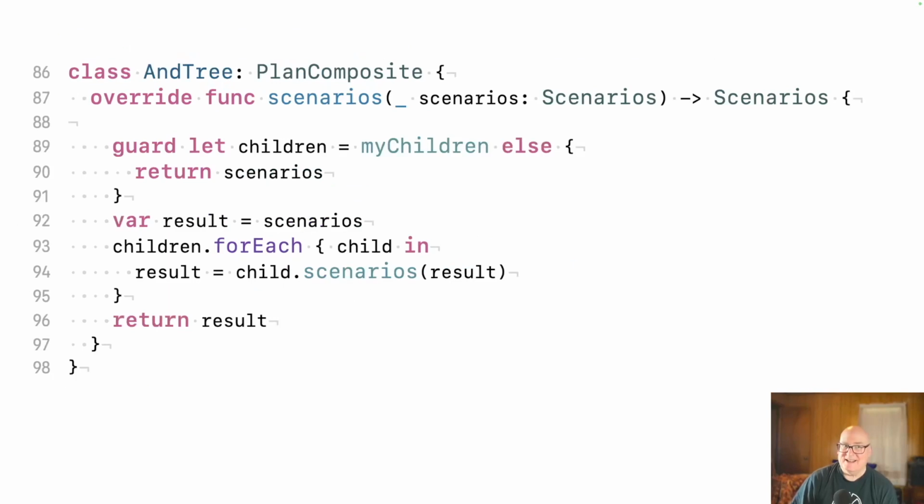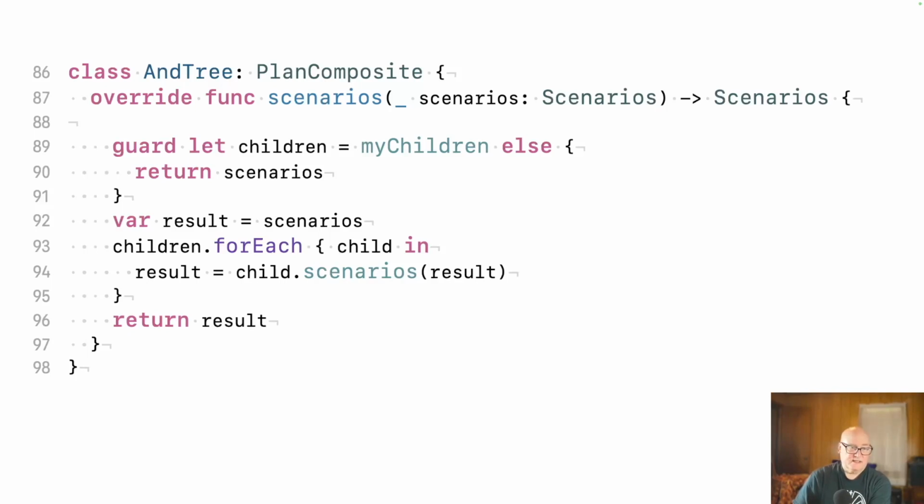Now the trickier one, although the code's actually a little simpler. In this case, we've got the AND tree, and we're looking at the scenarios again. Scenarios in, scenarios out, and if there are no children, just return what you got. Then we're going to do kind of an accumulator thing.